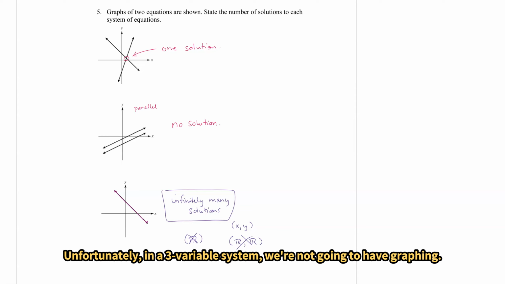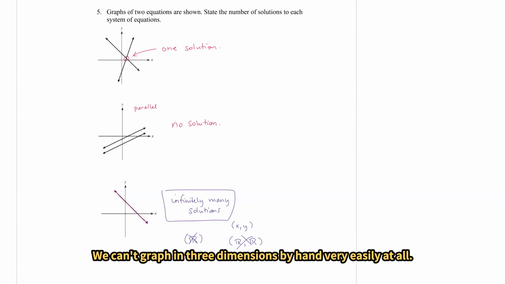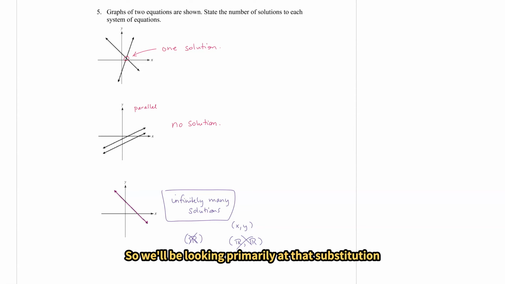Unfortunately, in a 3 variable system, we're not going to have graphing. We can't graph in 3 dimensions by hand very easily at all. So we'll be looking primarily at that substitution and elimination as a combined method for solving systems of 3 variables.